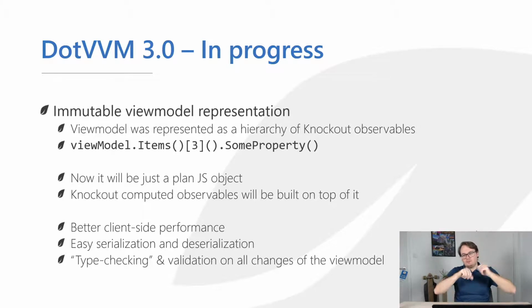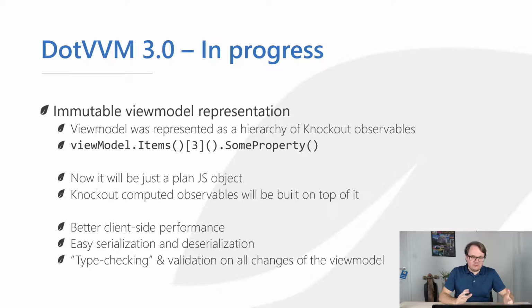We will build some knockout observable hierarchy on that, but it will be hidden from you, and you will be able to patch this view model with your own modifications. You probably won't get direct access to change anything on the view model, but there will be an API which you can use to mutate the view model, because right now we plan it to be immutable.